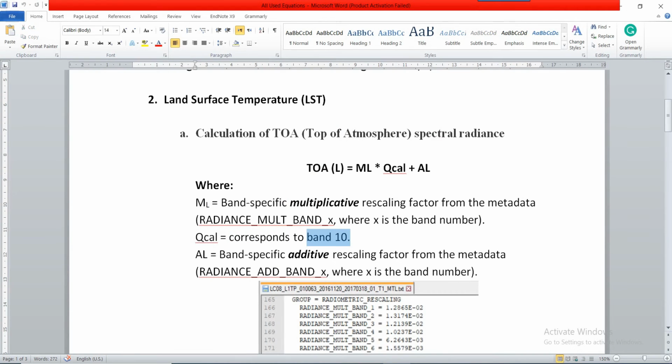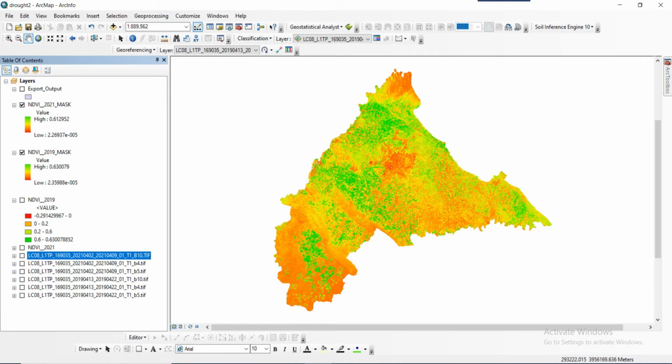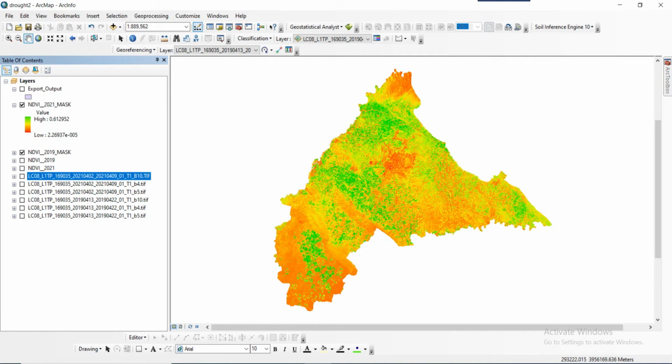So it's band 10 for Landsat 8. As I said, we have multiplicative for ML and additive for AL, and we have band 10 right here. So let's calculate the TOA for each of 2019 and 2021. So let's start.